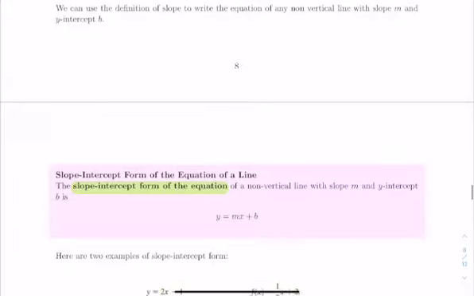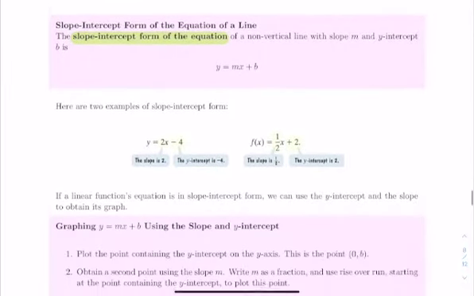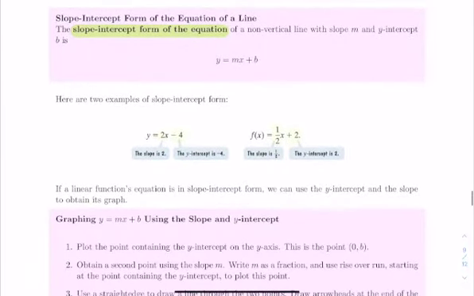We have y equals 2x minus 4, and so whatever number is attached to the x is going to be your slope, so in this case it's 2. And then the piece that's not attached to the x, or -4, is the y-intercept. And the other one, f of x equals 1/2 x plus 2. The 1/2 is going to be your slope, and your y-intercept would be 2.